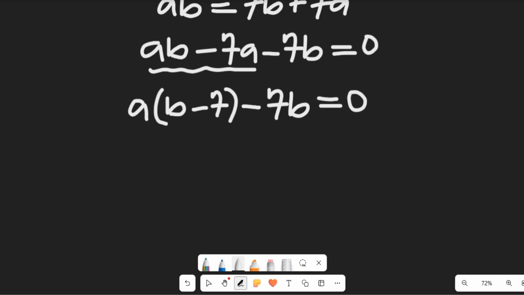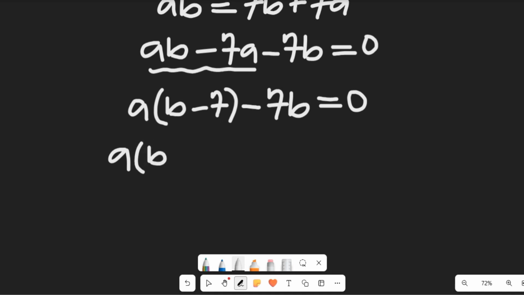So for us to simplify this, we need to look for a value that can make this expression factorizable. Now what I'm going to do is to simply add, since 7 multiplied by 7 will give me 49, I'm simply going to add 49 to both sides.